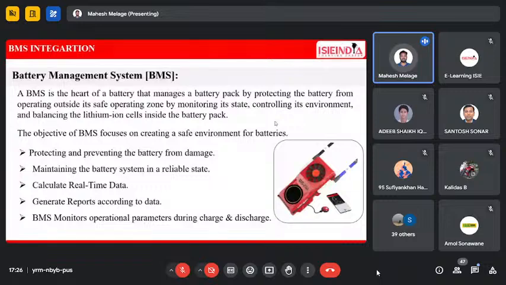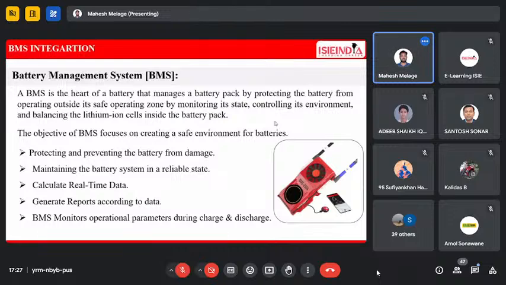These are the faults it protects against. The BMS is an electronic component using different electronic switches to provide the protection. Nowadays, smart BMS is also used to control the battery pack and its temperature.